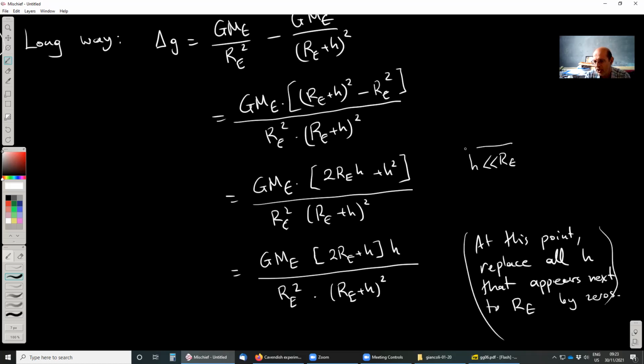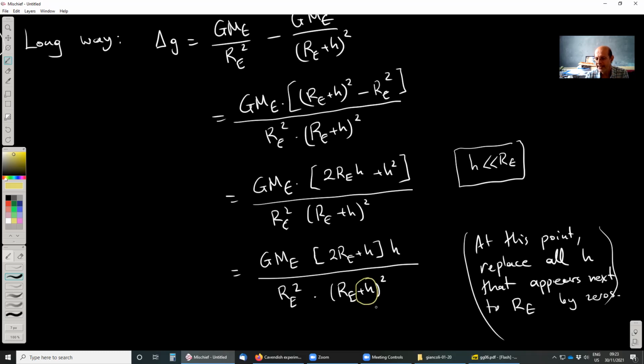So the essential idea is that it's not that h is small. h is 1 meter. It's not small for us. It is so small compared to some distance, and in that case, it is the radius of the Earth. It is small compared to the radius of the Earth, and as a result, it is at this point where adding an extremely small thing to R_E doesn't change this value much.